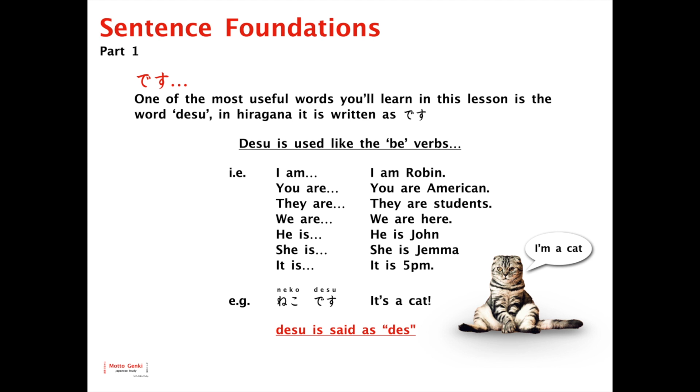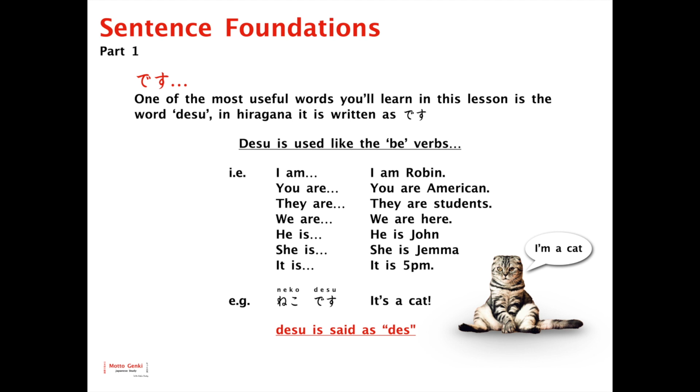About the pronunciation, you'll see in the hiragana here it's desu, but we pronounce this one as "des". Des is used in the same way that we use the be verbs in English, like am, are, is. And there's some examples here.